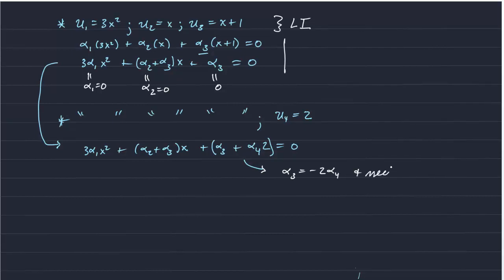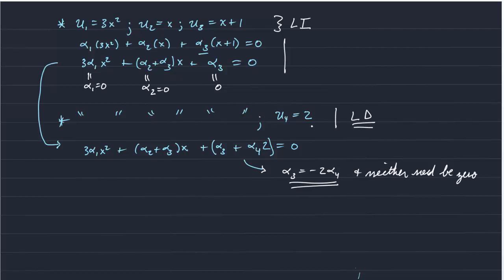And neither need be 0 for this to be true. So we found at least one value of the coefficients that are non-zero, and so this set is linearly dependent.